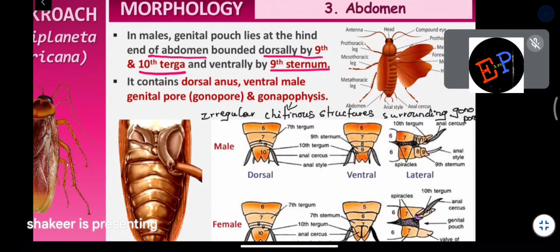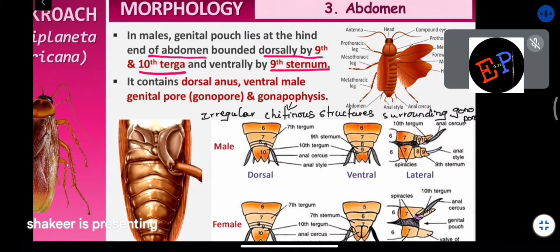But in the case of males, it is a bit different. It is present at the end of the abdomen. What is meant by the hind end of the abdomen? Hind means the last end of the abdomen, bounded dorsally by the 9th and 10th segments, or you can call them the tergites. Are you able to understand? Dorsally means what? On the front side, on the stomach part.